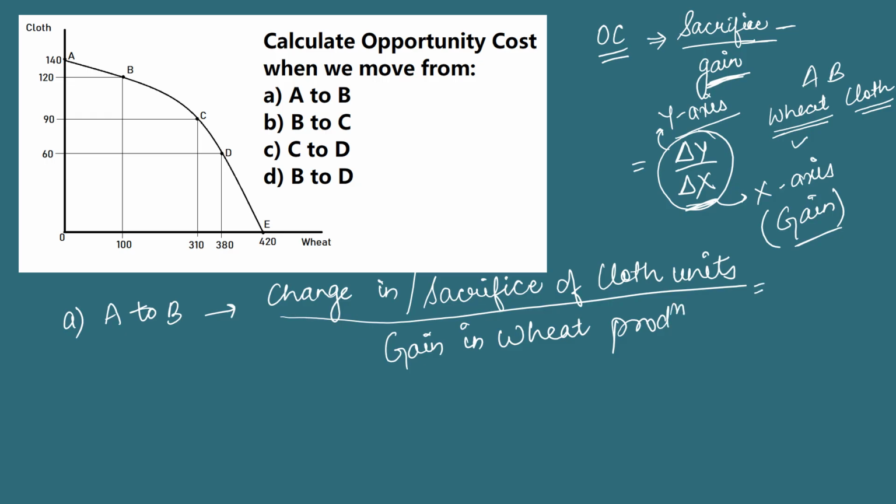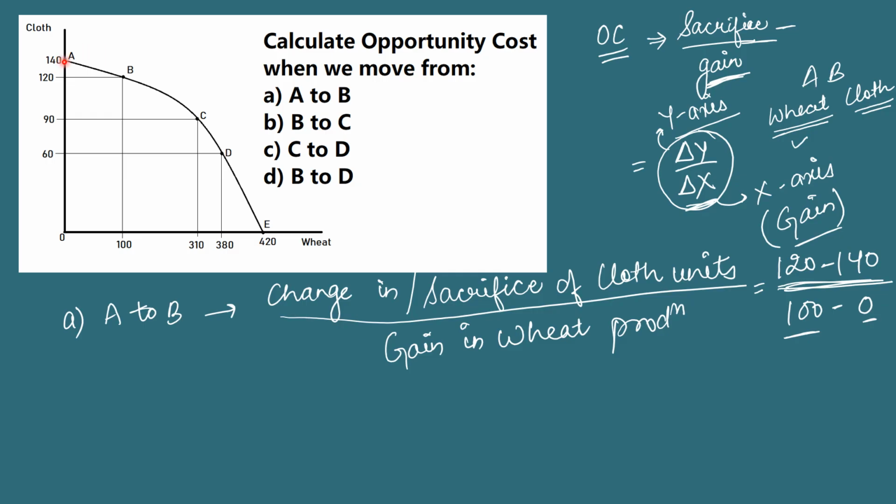So we see that to gain 100 units means 100 minus 0. Firstly our production is 0, now it is 100. So A to B is 100 minus 0, and how many units have we given up? So 120 minus 140, as we move from 140 to 120.